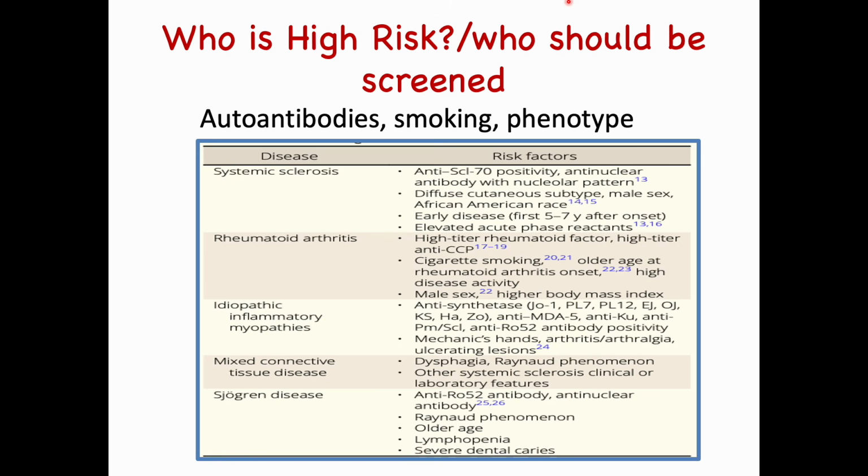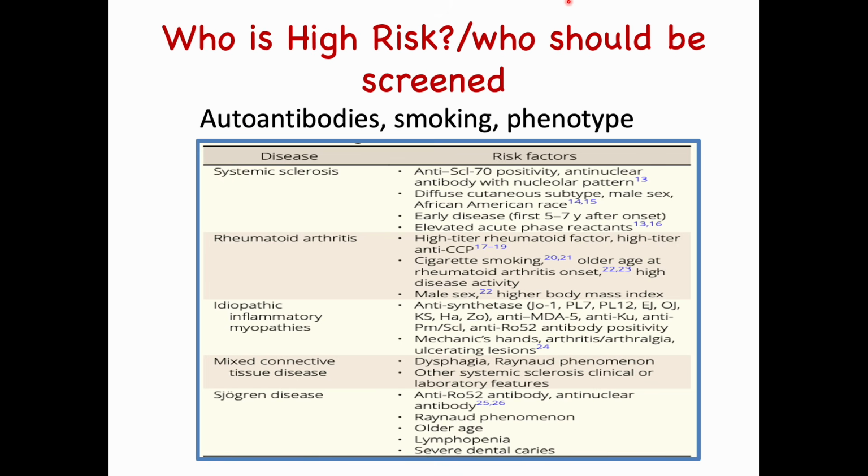They say that there are people with limited cutaneous systemic sclerosis who can also have an ILD, but it has been seen that patients who have a limited cutaneous systemic sclerosis usually have milder and more stable ILD compared to diffuse. So, patients with diffuse will definitely merit screening.